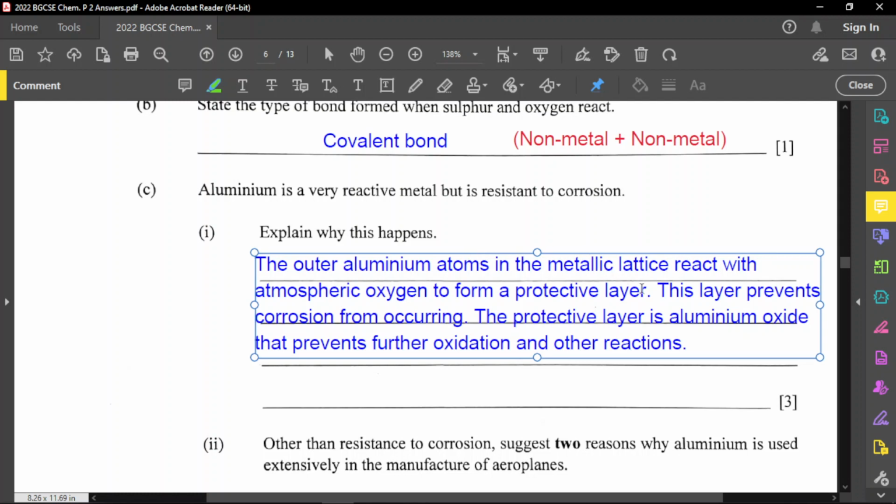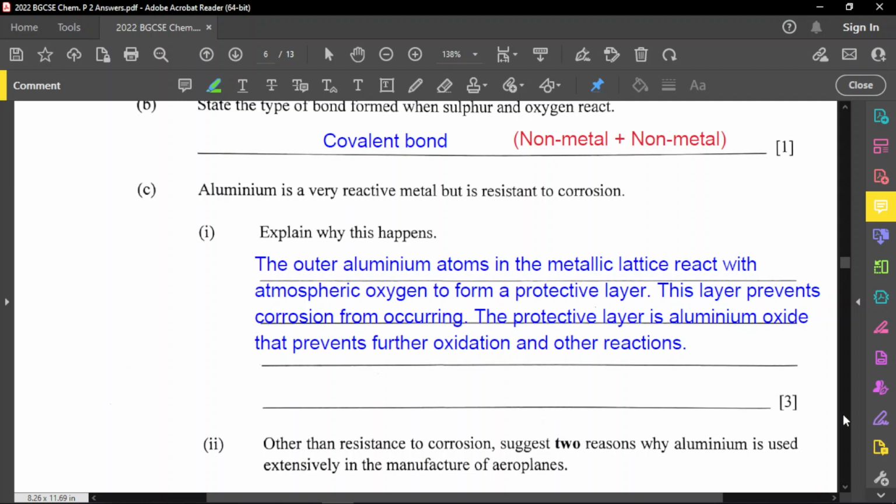This protective layer will prevent corrosion from occurring. Why? Because the protective layer is aluminum oxide, and this aluminum oxide will prevent further oxidation and also other chemical reactions. And so that is why it is really corrosion resistant.